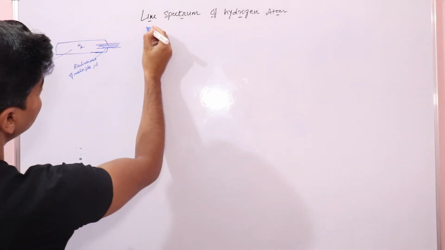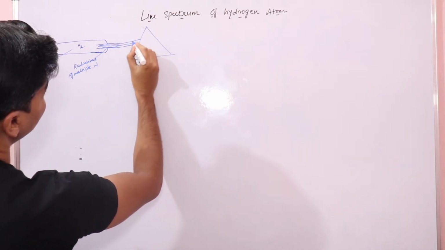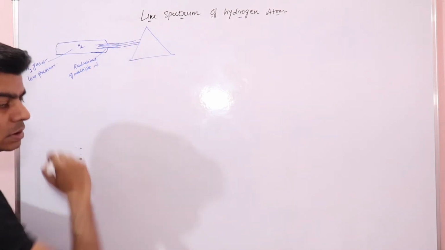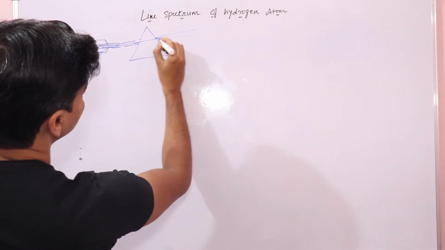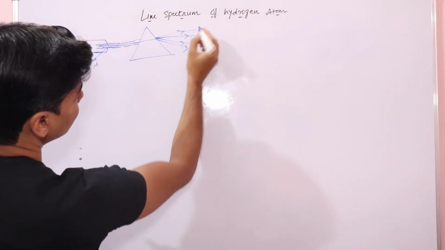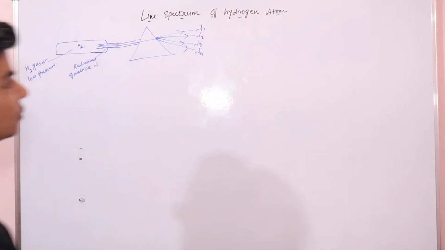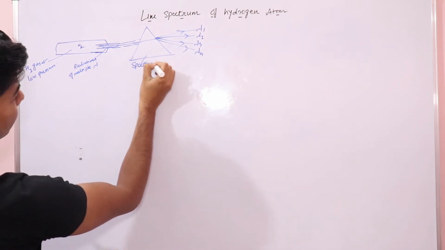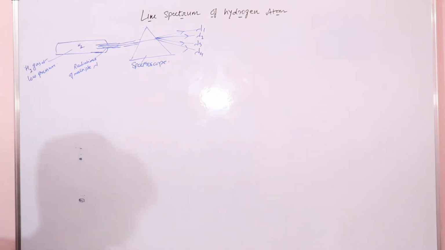So when this radiation is allowed to pass through this device, which we call a spectroscope, it will resolve this radiation into its constituent wavelengths, like this. This is your radiation of multiple wavelengths, lambda 1, lambda 2, lambda 3, lambda 4. This is your spectroscope, or we also call it a spectrograph.